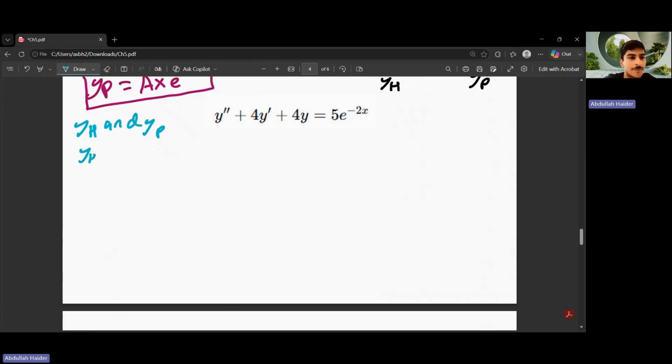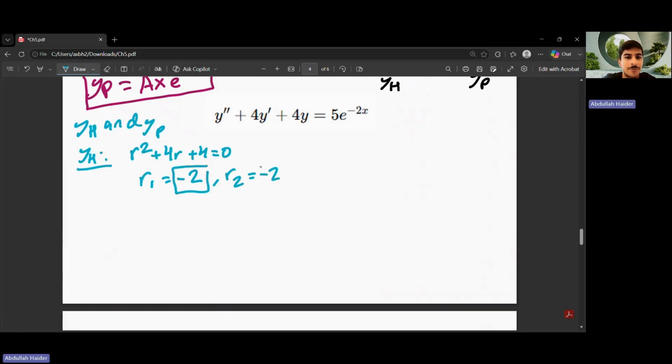We're finding yh right now. r squared plus 4r plus 4 is equal to 0. Your r is going to be r1 is -2 and r2 is equal to -2.